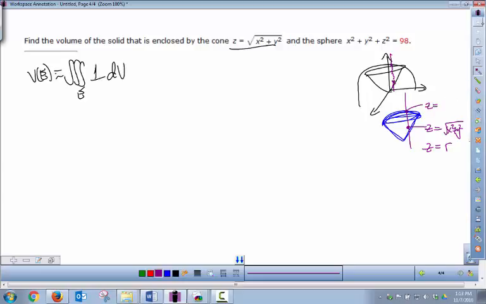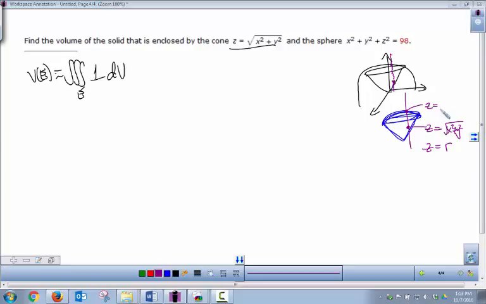And then you'll get out of this region by looking at z equal to the sphere. Solve for z, and it's the top half of the sphere, so it's a positive square root of 98 minus x squared minus y squared, which can be rewritten in cylindrical coordinates as the square root of (98 minus r squared).